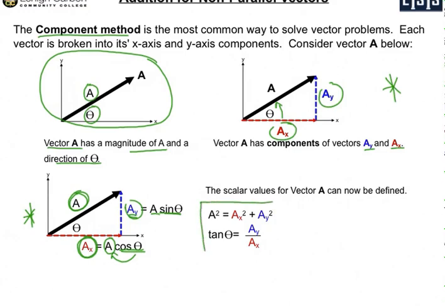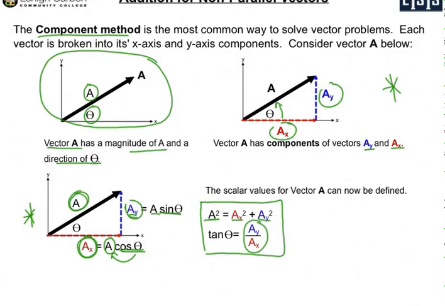So using this component method, the hypotenuse A, using Pythagoras' theorem, you take the squares of either side of this right triangle and then take the square root and you can get your magnitude of A. The other property you can use for theta is that the tangent of theta is going to be opposite over adjacent, or AY over AX.